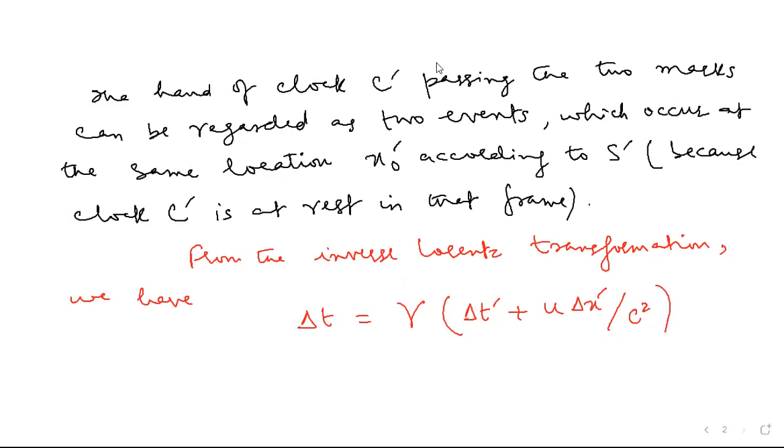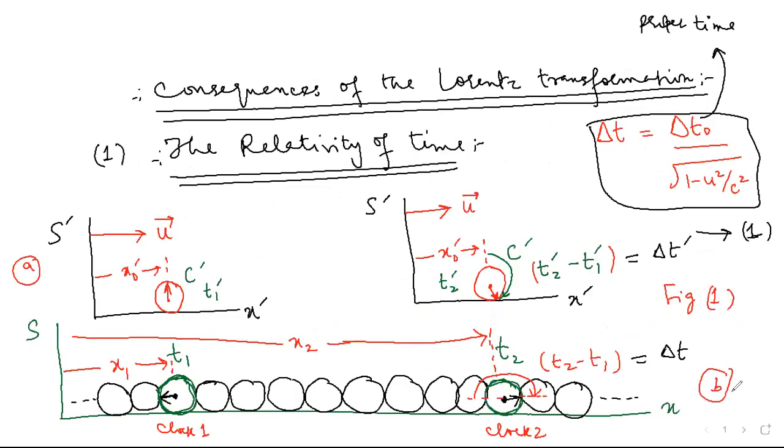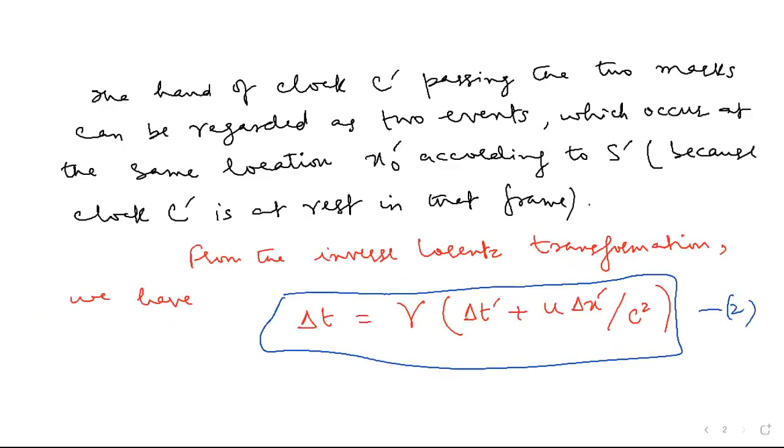Let me encircle this equation. We've already discussed this equation here. We are just using it. This is our second equation in this discussion. Delta t is gamma times delta t prime plus u delta x prime over c square.